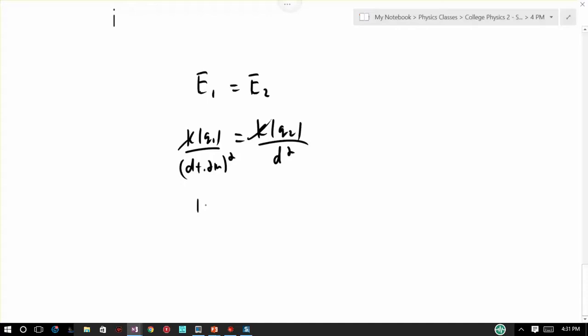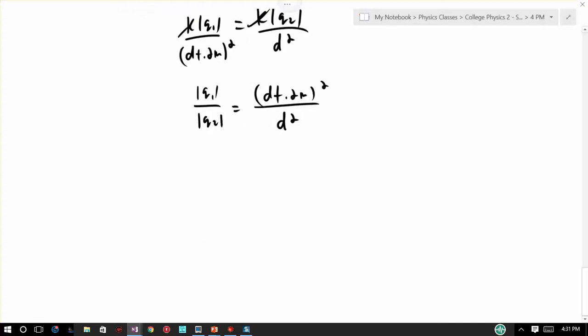So when I do that, I get Q1 divided by Q2, and then I get D plus 0.2 meters squared over D squared. So it's just algebra.